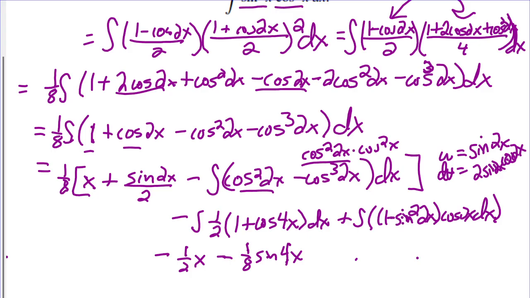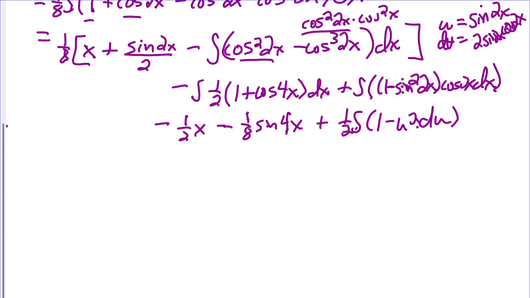We're going to plug that in. So now we get plus 1/2 the integral of 1 minus u squared du, which then becomes plus 1/2 sine of 2x minus 1/3 sine of 2x cubed.